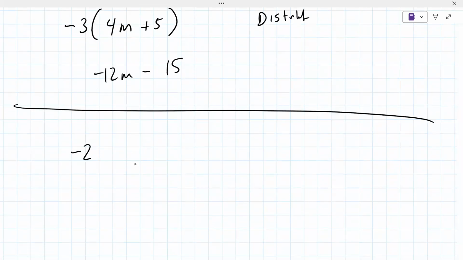Now the next thing, let's try one where we're working it with another problem.